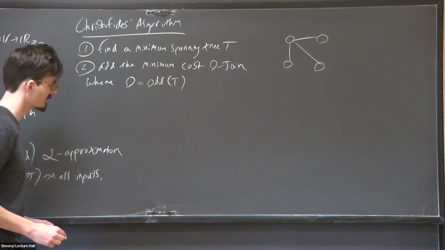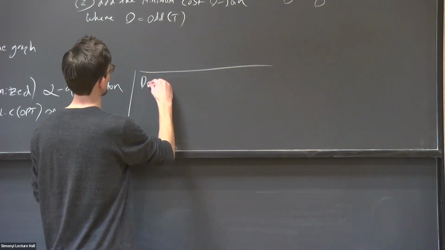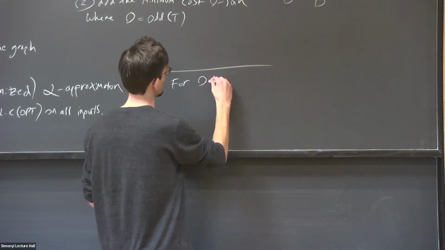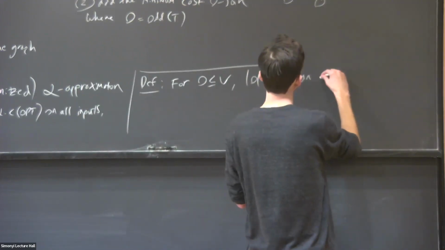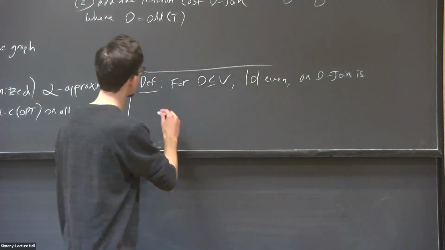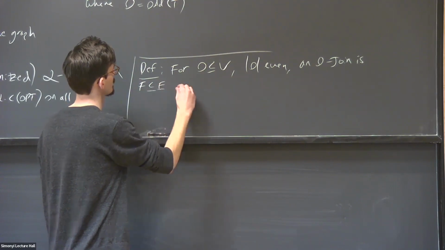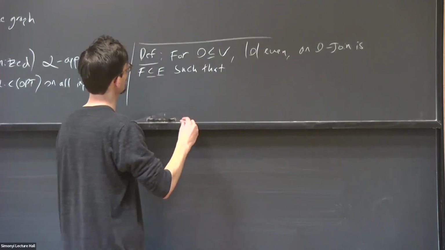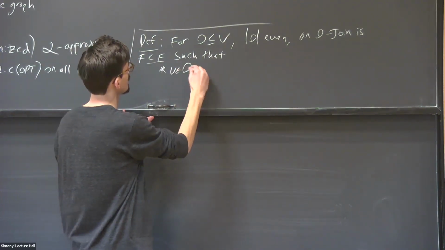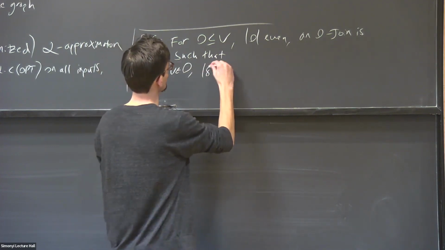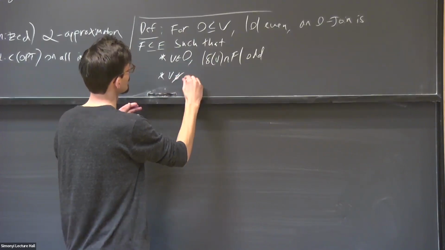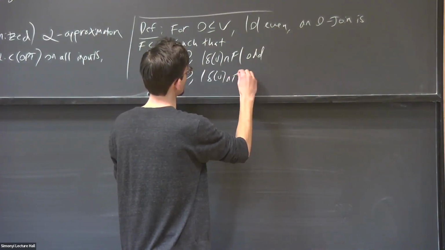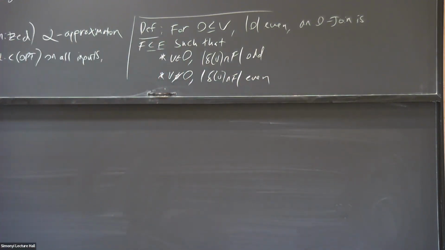And let me define O-join in case you haven't seen it. For a set of vertices O of even parity, an O-join is a set of edges F such that for all vertices in O, they have odd parity in the O-join, and for all vertices not in O, they have even parity.